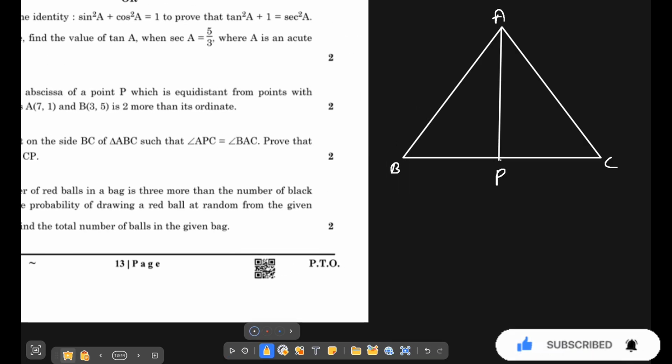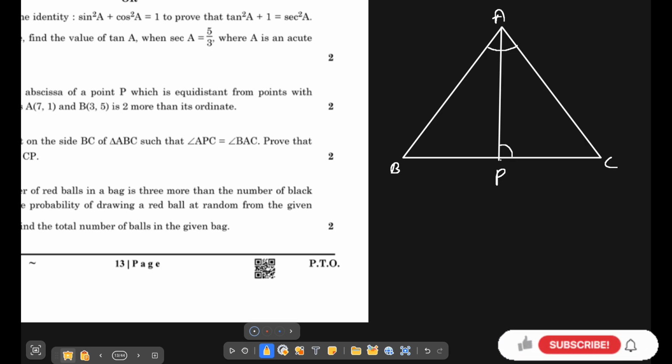Where is angle APC? Angle at P. BAC, this one. Angle APC and angle BAC are equal.